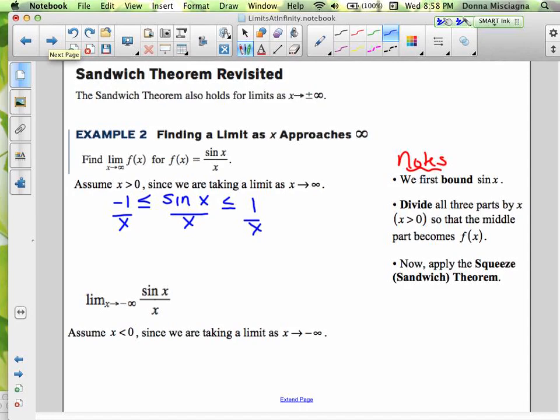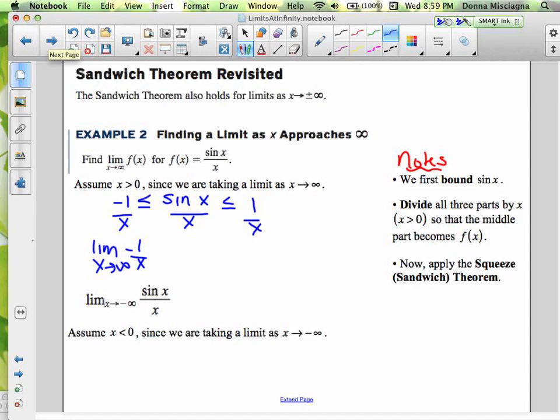So now we're going to apply the squeeze or sandwich theorem. We've got a function that is greater than or equal to one function and less than or equal to another over an interval. Now we're going to take the limit of each of our 2 outside functions that are bounding our inside function. So we take the limit of -1 over x as x approaches infinity.